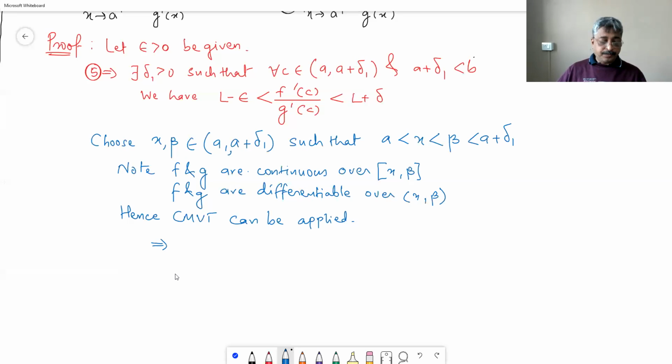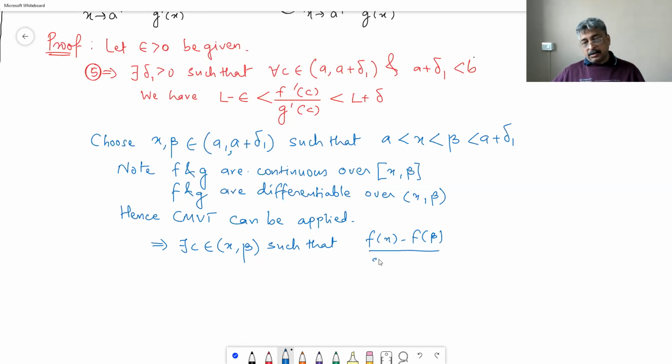Which implies there exists c belonging to x comma beta such that f of x minus f of beta upon g of x minus g of beta is equal to f dash of c upon g dash of c.